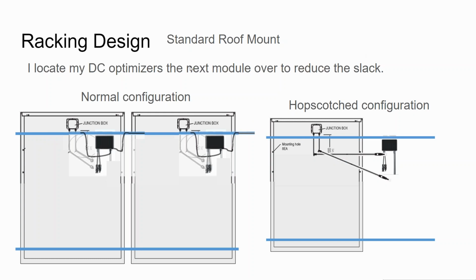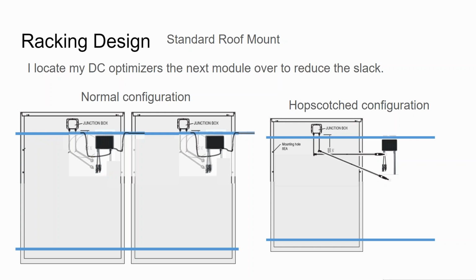Then I started installing this way, and I thought, the problem is when I mount my module onto the rail, as I'm mounting the module, I have to reach underneath the panel and snap these connectors together, and that's a two-person job at the very least.